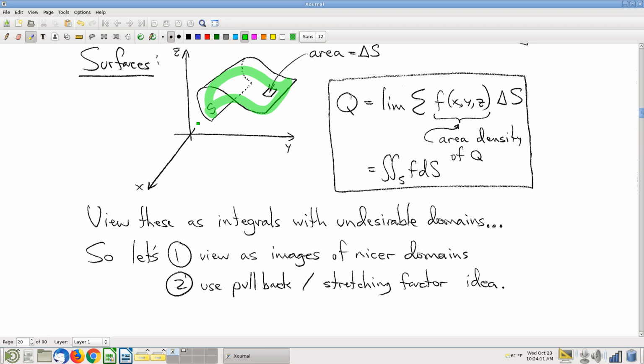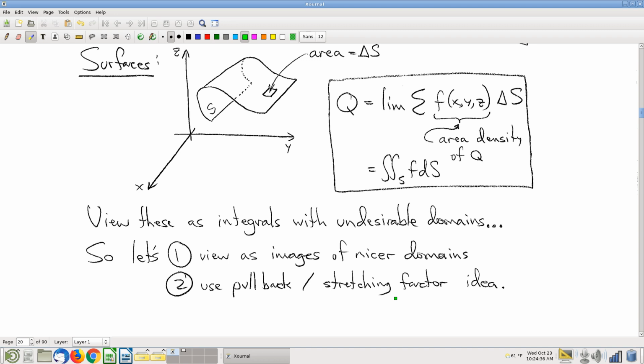It's in 3 dimensions. So that's awkward. So, as discussed before, we're going to find a way to view them as being images, just like with change of variables. We're going to do a pullback and keep track of the, of course, obvious stretching factor concern, just like with change of variables. And then the result will be an integral that hopefully we can deal with more easily.